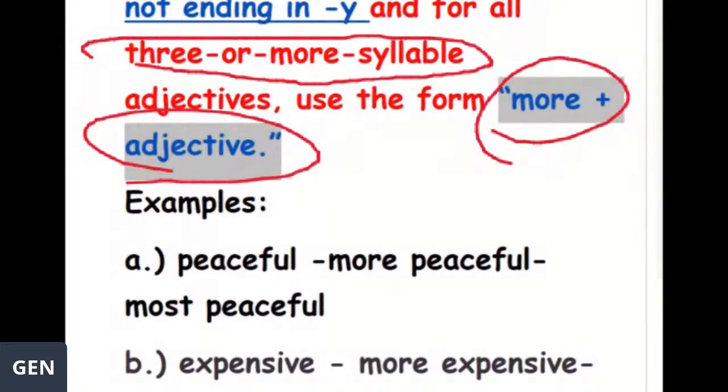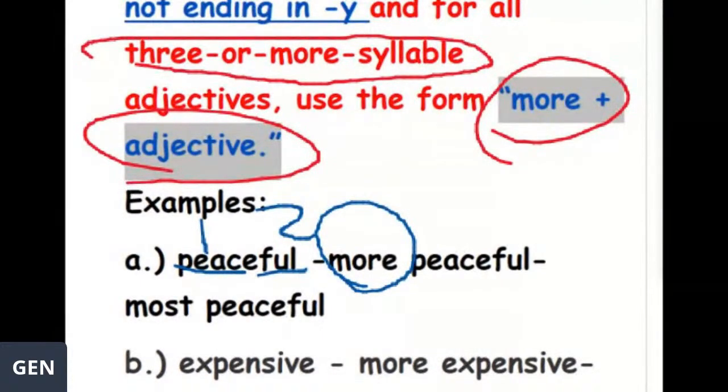Example, peaceful. That's two syllables. So you have to add more: more peaceful, most peaceful. And that's done.